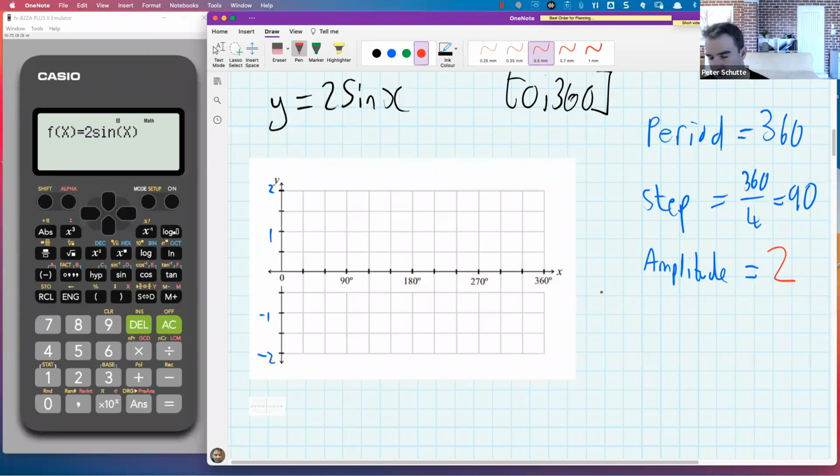As we wait for everyone to give the trig graphs a go, if you want to have a chat or ask a question about my method, you're welcome to do that.